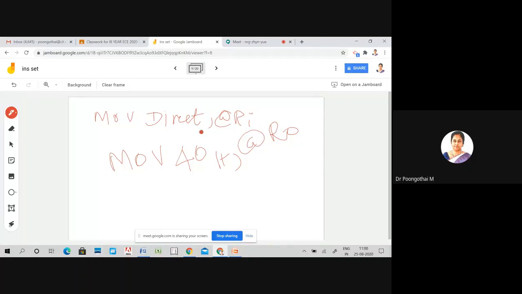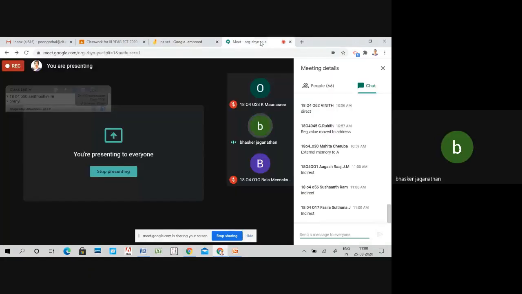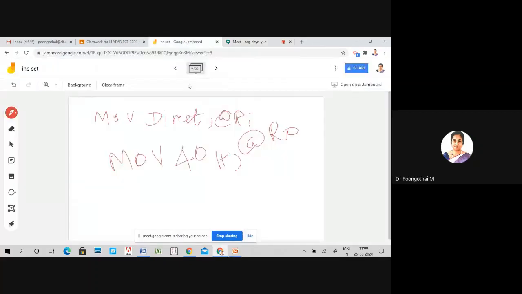So what type of addressing mode is this? Register direct. This instruction belongs to both direct addressing mode and indirect addressing mode.